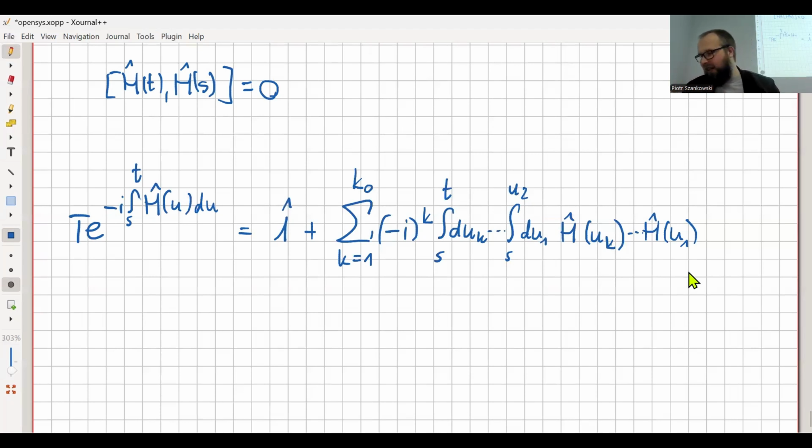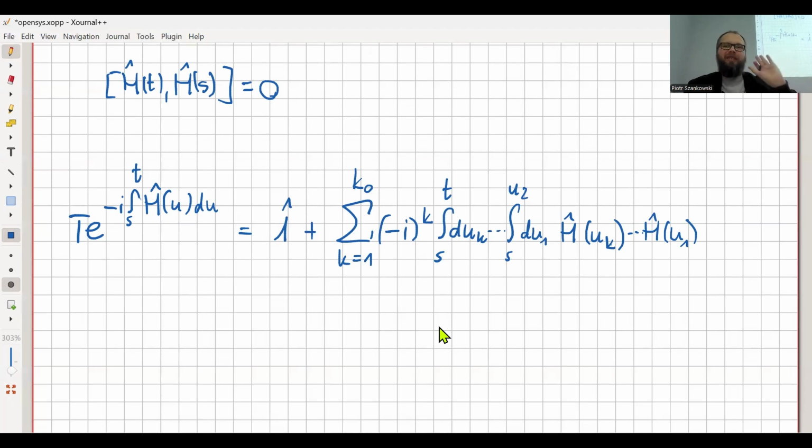But as it turns out, this kind of approximation, where you take this time ordered series and you cut it at some finite order, they are pretty bad. Those are pretty bad approximations.